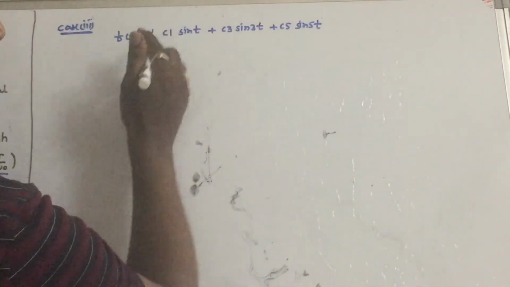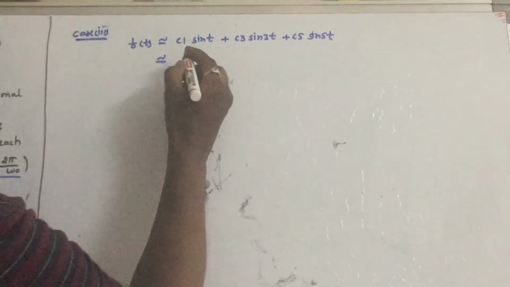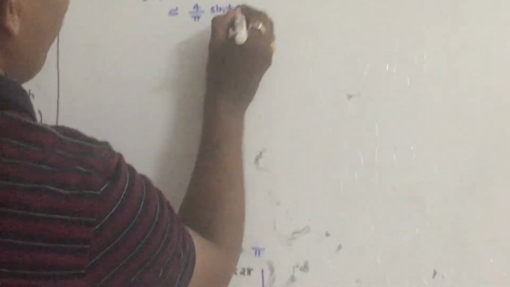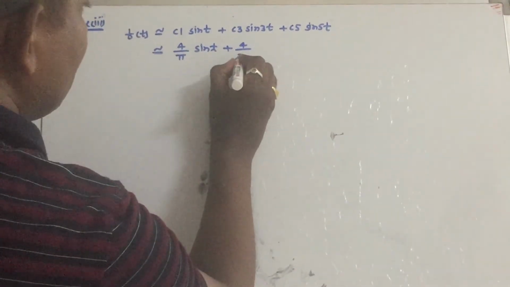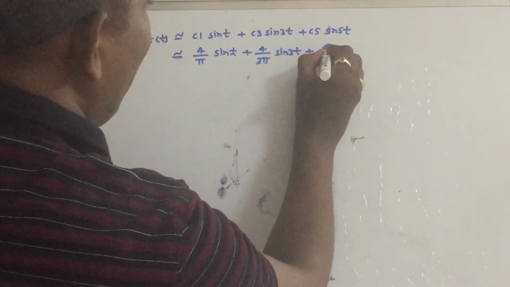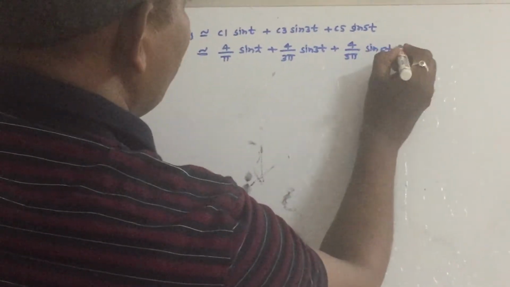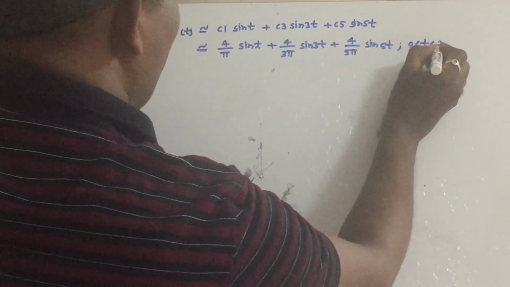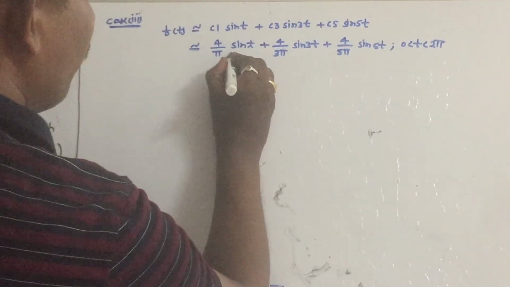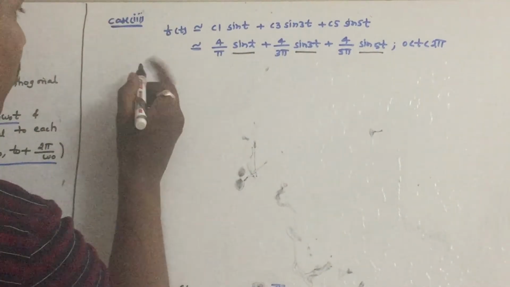So the error will further reduce. What is the c1 value? 4 by pi sin t plus what is the c3 value? 4 by 3 pi sin 3t. What is the c5 value? 4 by 5 pi sin 5t in the interval 0 to 2 pi. We are approximating in the interval 0 to 2 pi with three orthogonal functions, sin t, sin 3t and sin 5t. So definitely the error will reduce.